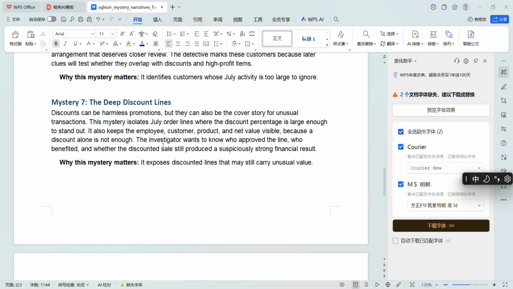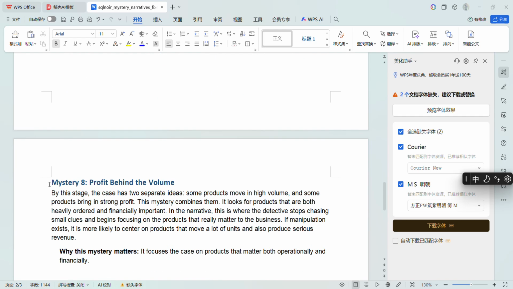The investigator wants to know who applied the discount, who benefited, and whether the discounted sale still produces a suspiciously strong financial result. Why this mastery matters: pricing discount lines that may still carry heavy value.